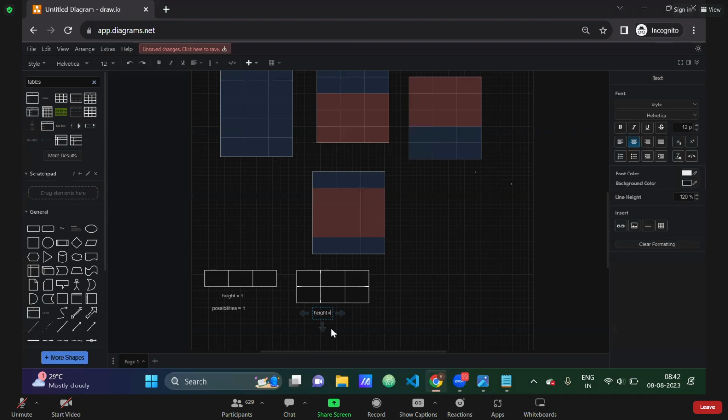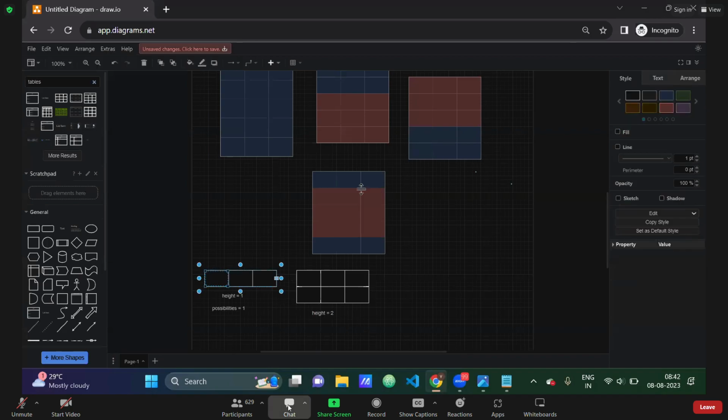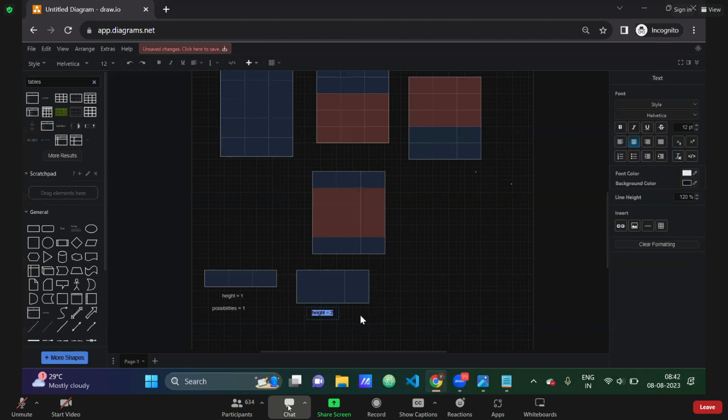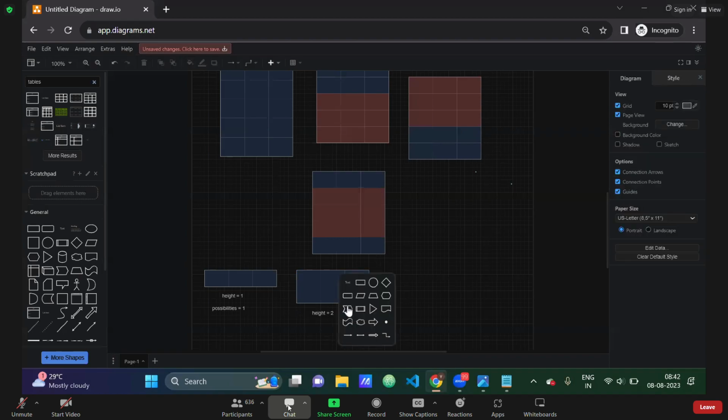So for height equal to 2, I can have only one possibility, that is placing the tiles horizontally. You're not considering it as 2, but the possibilities are 1 here because you're placing tiles horizontally only.